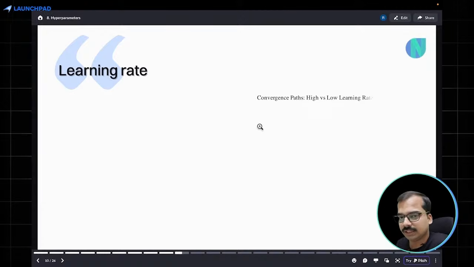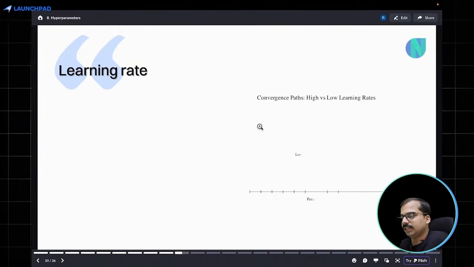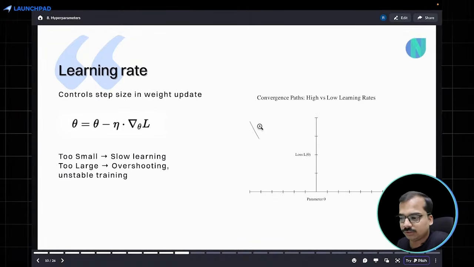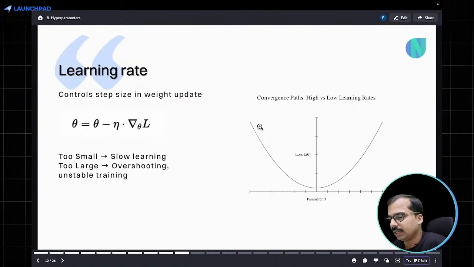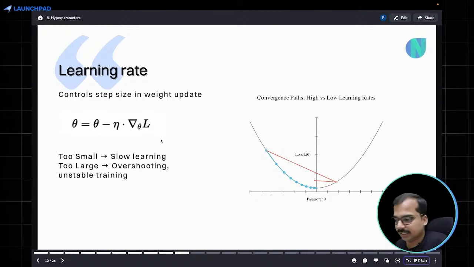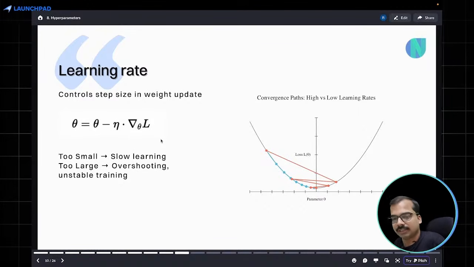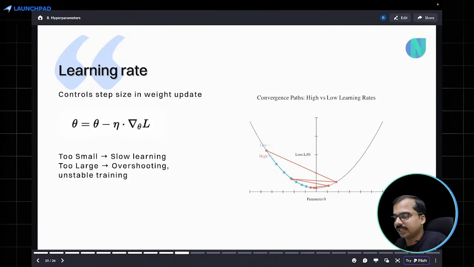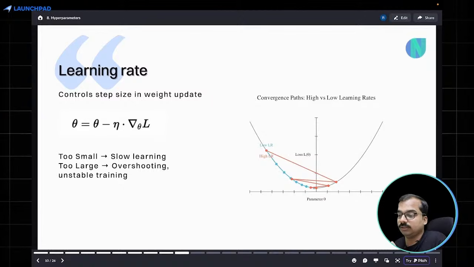So first thing is learning rate, right? If you remember, learning rate was used in the gradient descent step. This term, the eta term, is actually the learning rate. If you have a very large number, then your gradient update will be very fast, right? So it might be possible that you might not even converge.